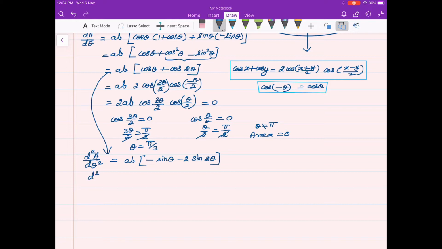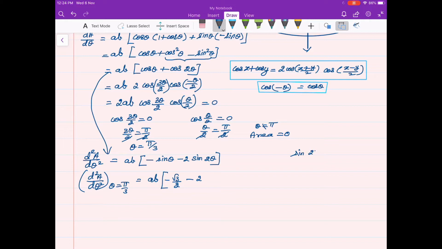Let us find the second derivative when theta is pi by 3. We get ab times minus sin pi by 3, which is root 3 by 2, minus 2 times sin 2 pi by 3.